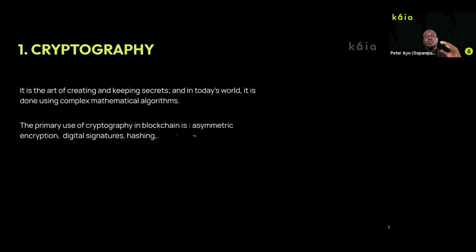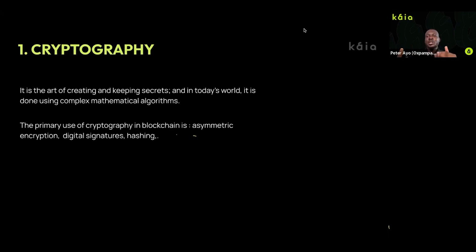Now, bringing it back to the concept of blockchain, what is the primary use of cryptography in blockchain? We're looking at three major uses. The first is asymmetric encryption, which is basically public key cryptography, used for generating key pairs. We also have digital signatures and hashing functions.